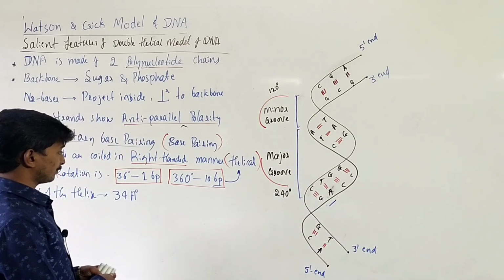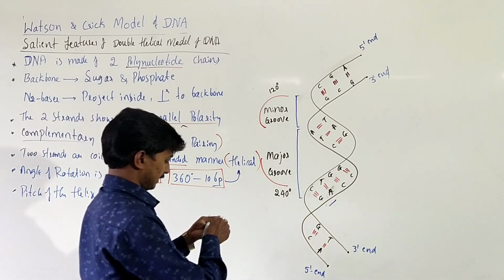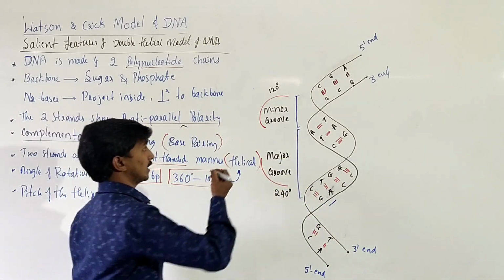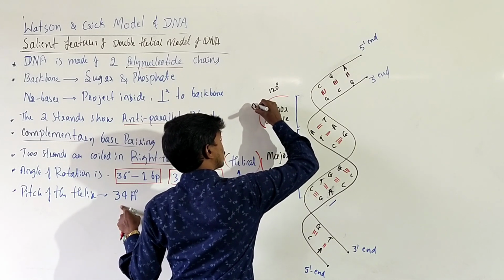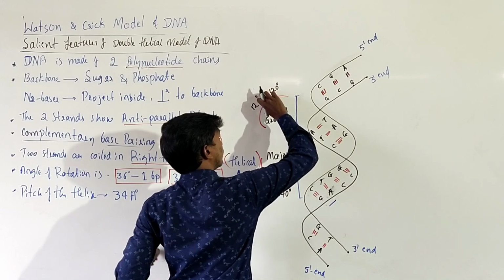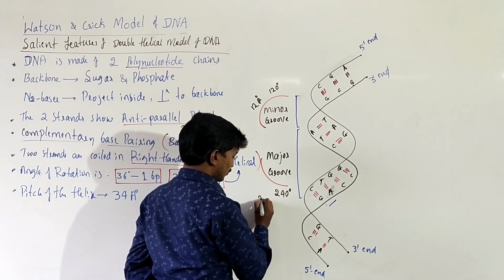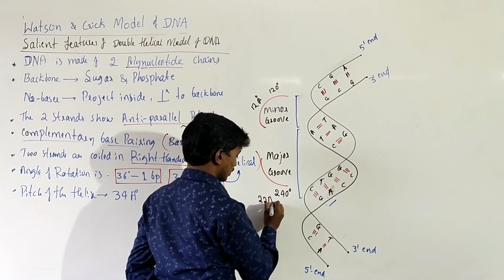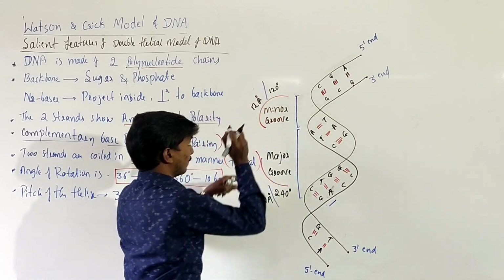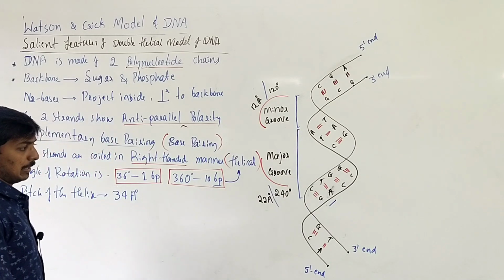Right. Next, when we say pitch of the helix, out of 34 angstrom, 12 angstrom will be covered by the minor groove and the other 22 angstrom will be covered by the major groove. 12 angstrom by minor groove and 22 angstrom by major groove.